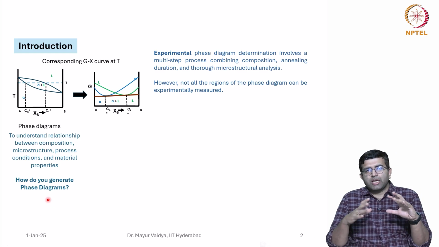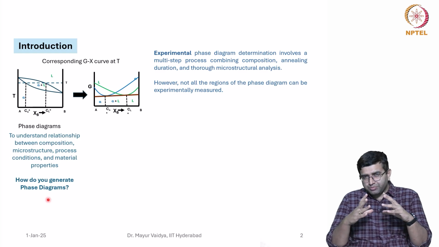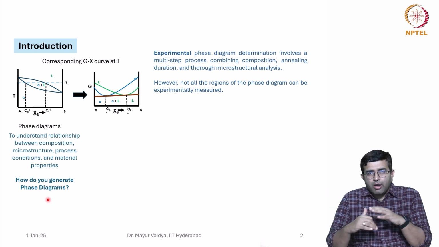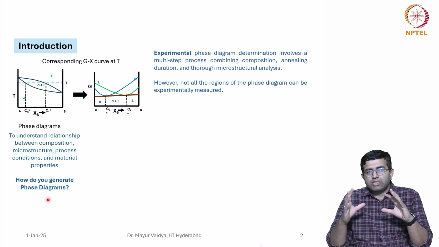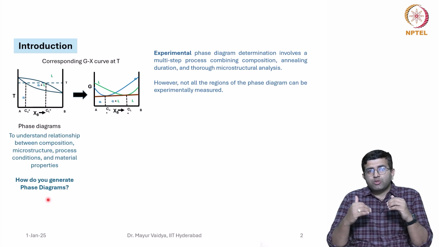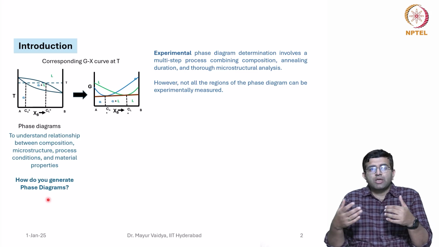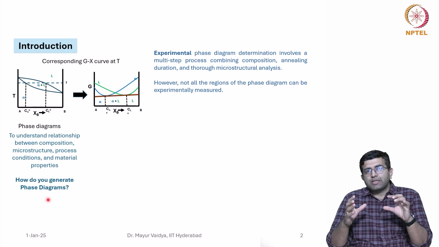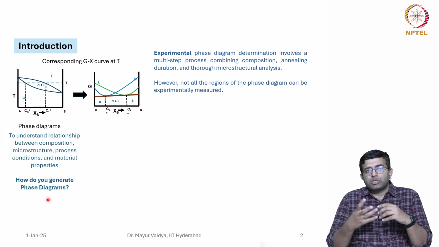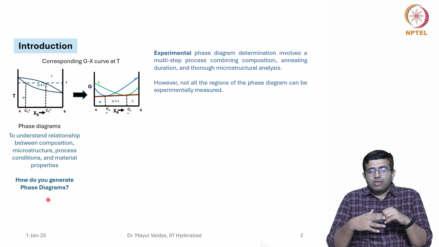There are some phase diagrams for which almost the entire diagram is well studied through experiments, and all the regions are clearly identified. This is more true for binary phase diagrams. But even in binaries, there are certain phase diagrams, or certain regions in certain phase diagrams, which are not accurately determined.